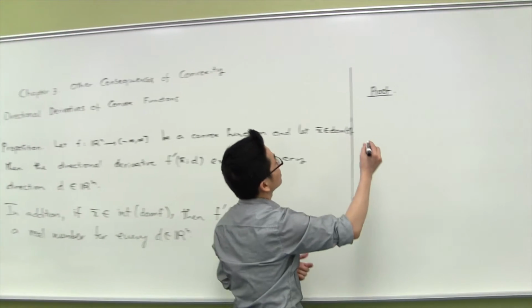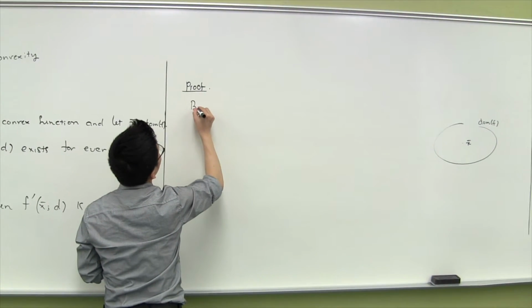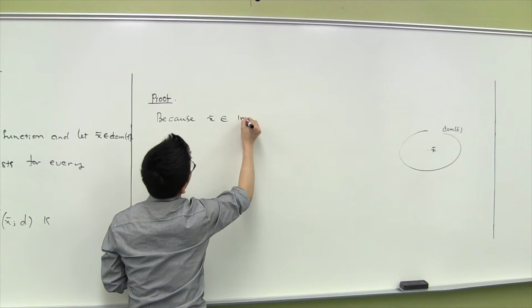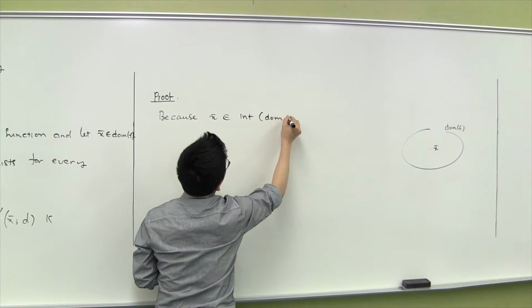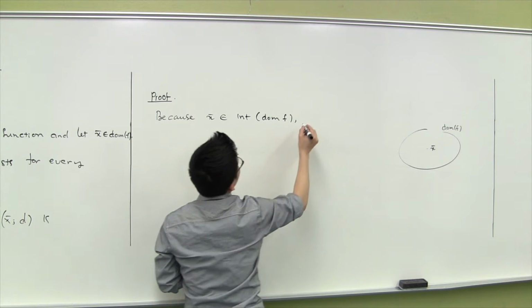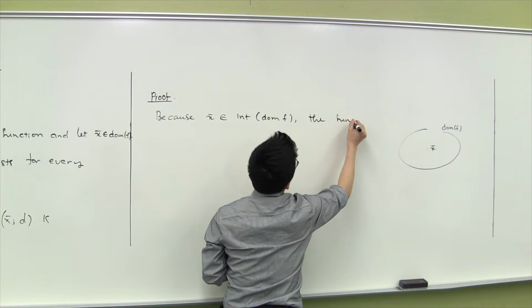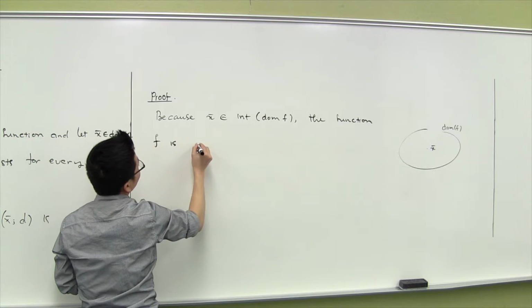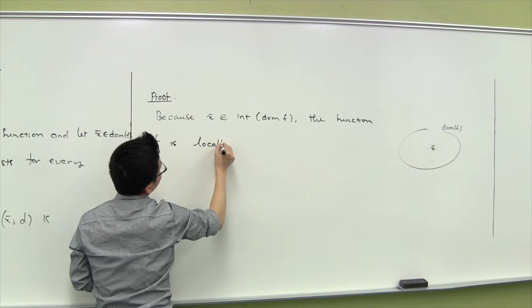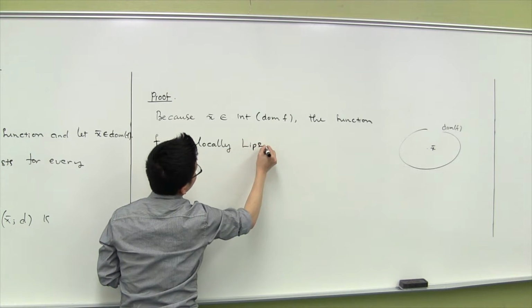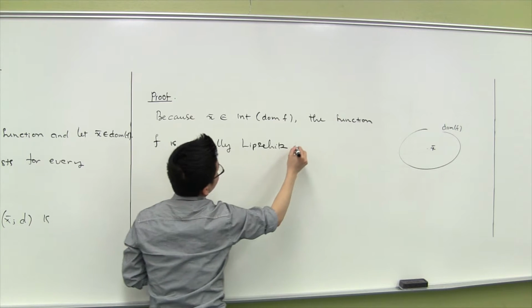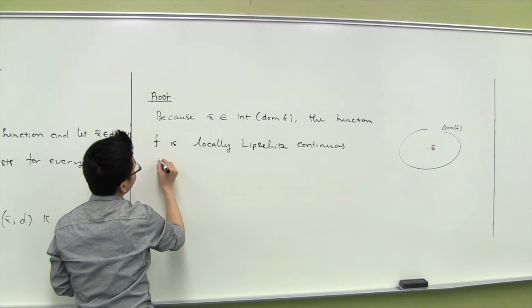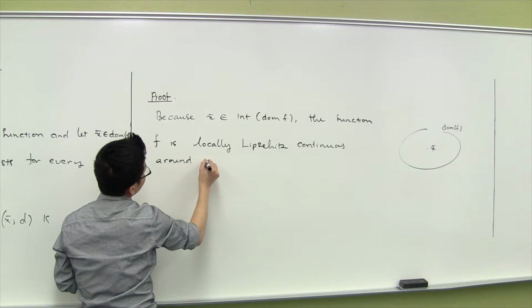Okay, because x bar belongs to the interior of the domain of the function f, the function f is locally Lipschitz continuous around x bar.